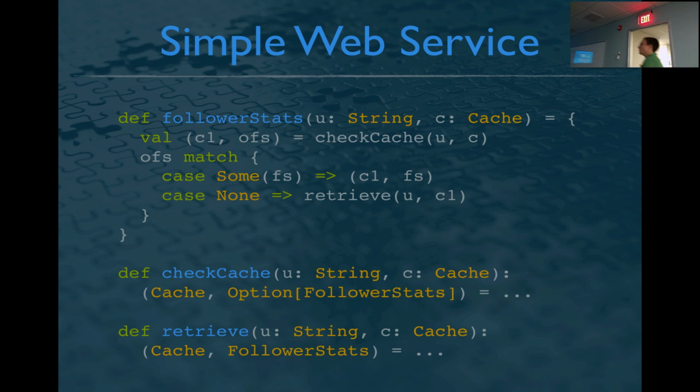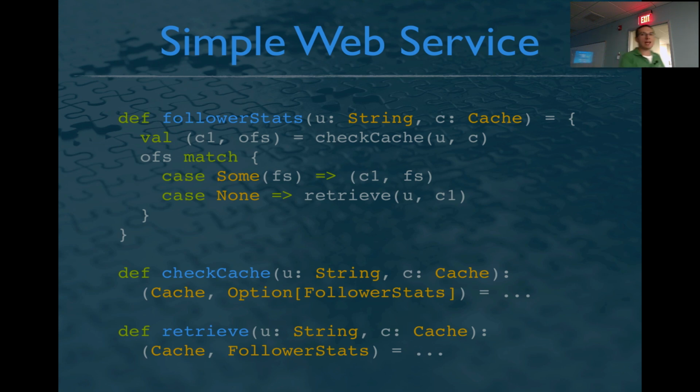The idea of the followerStats function is we're going to call checkCache. We get back a new cache, c1, and we get back an optional FollowerStats. In this case, we're pattern matching on that optional FollowerStats, and if we got back some fs, then we return a tuple of our output cache c1, the updated cache from the checkCache call, as well as the actual follower stats we received.